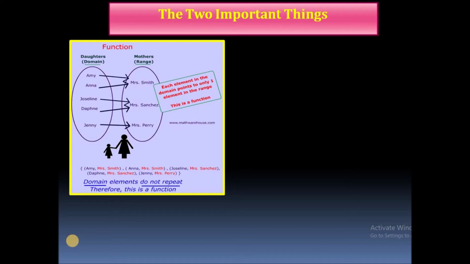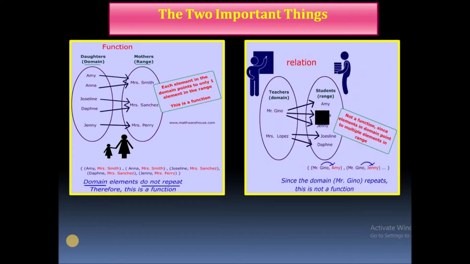Here, each element of the domain points to only one element in the range. No doubt, Amy and Anna are two different elements, but they point to a single element, Mrs. Smith. Similarly, Jocelyn and Jenny, etc. So, domain elements do not repeat. Therefore, it is a function.